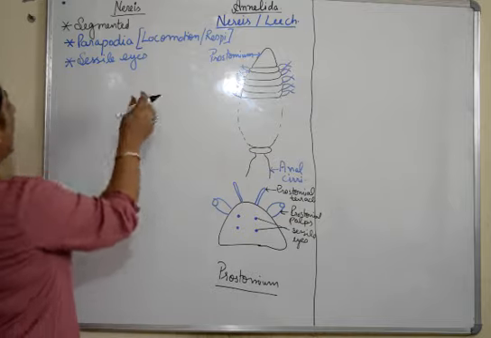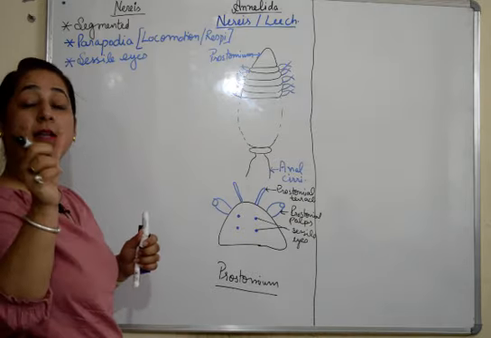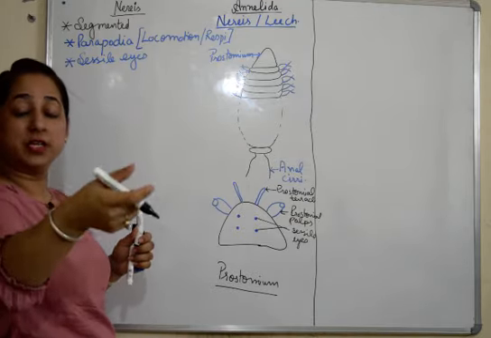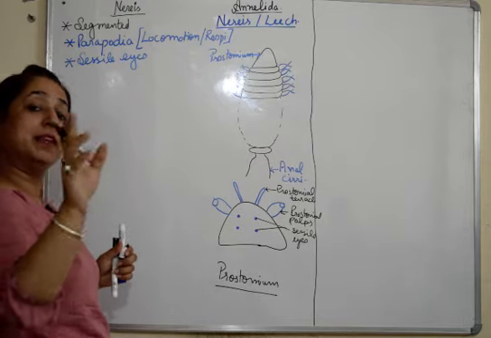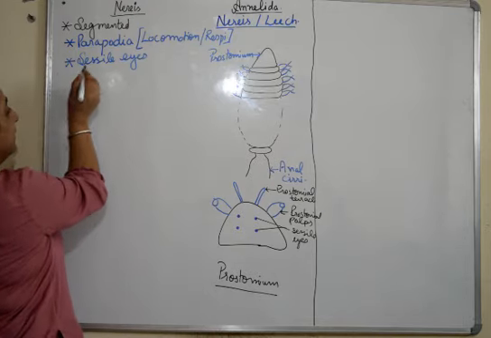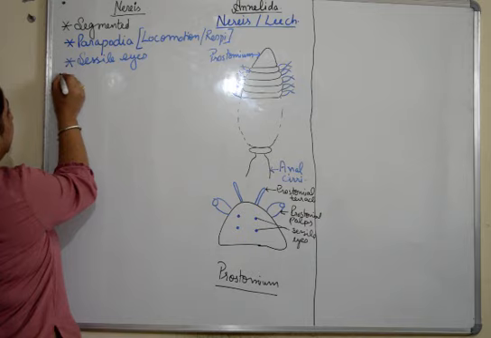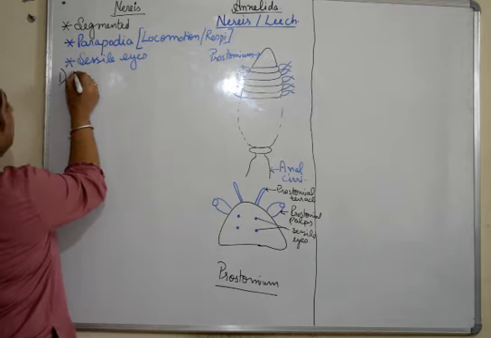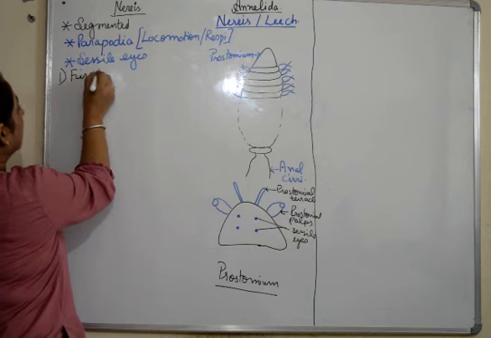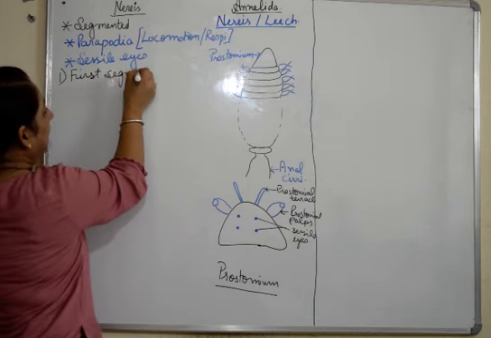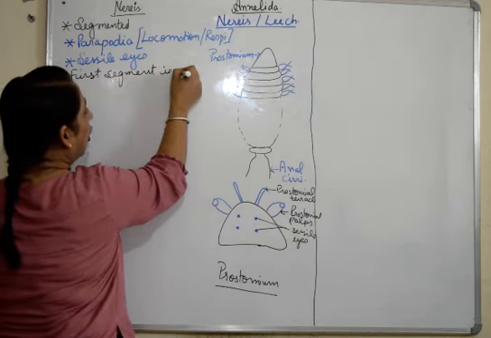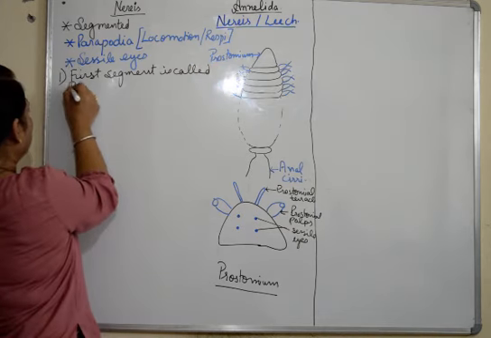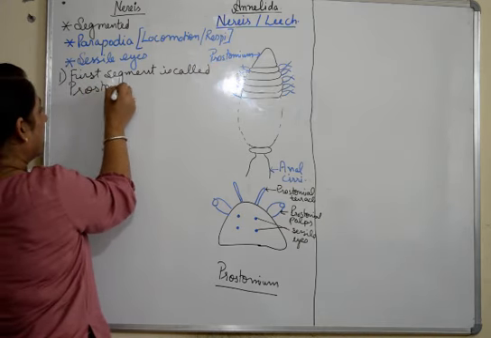So I'll just write here the important segments and the important structures present there and their functions for your reference. You can use them for your notes. So first of all, the first segment is called prostomium. Fine.